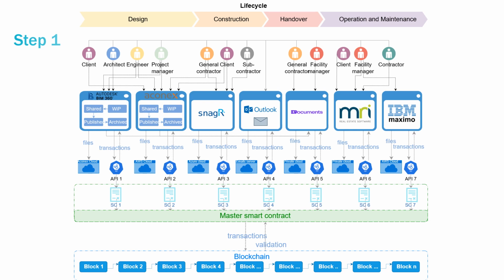And additionally, as the data would still be saved on the clouds of each of the tools, we propose the use of the InterPlanetary File System, which is a distributed storage, similar to blockchain or something between blockchain and cloud, which is more secure as it is decentralized.